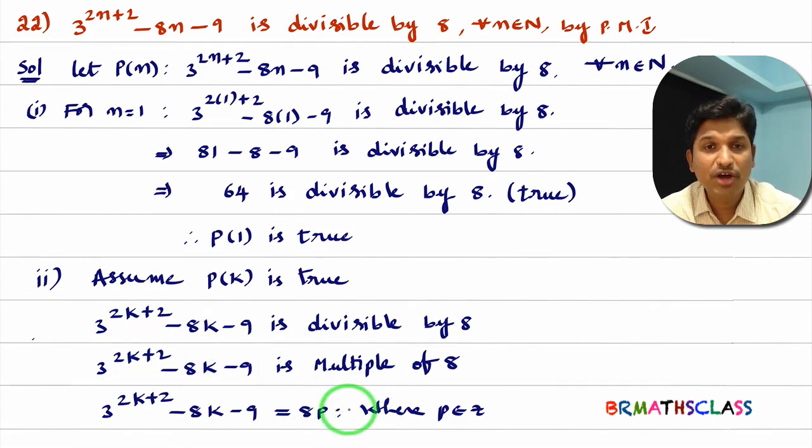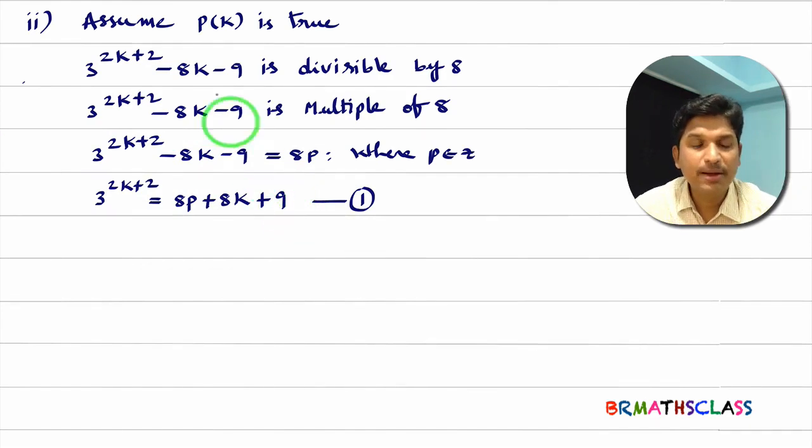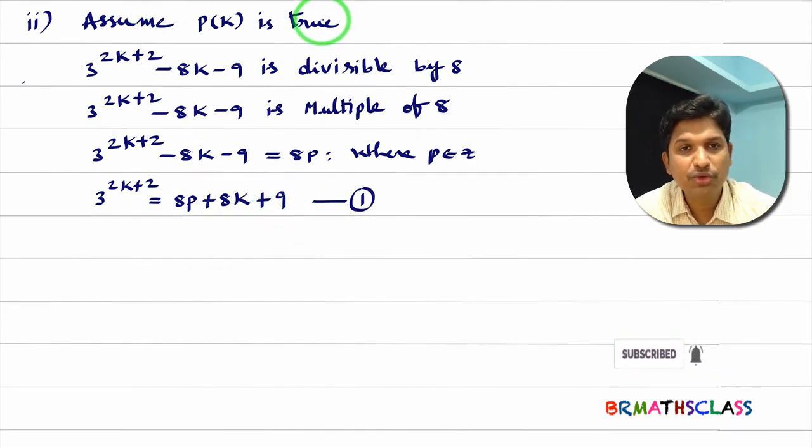Now I'll write one more simplification step. You just observe here, I took −8k − 9 to the right hand side. What is our intention? By assuming P(k) is true, we are trying to prove P(k+1) is true. So it is important to keep in your mind what is P(k+1). See, this statement is P(k). In this expression, in place of k, you write k+1.